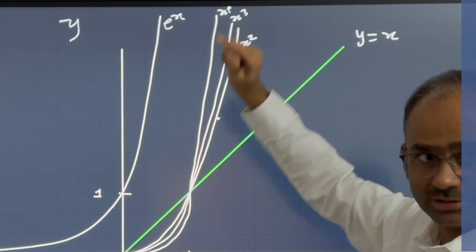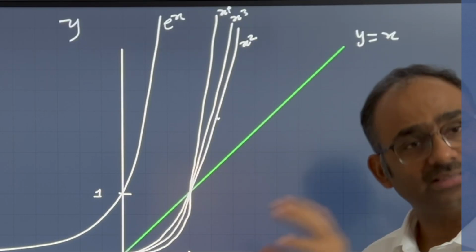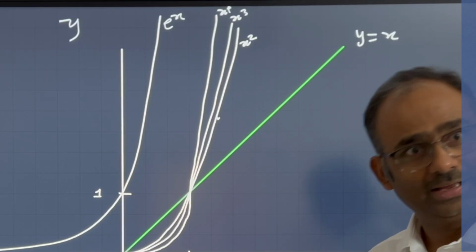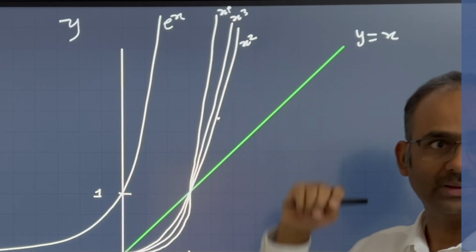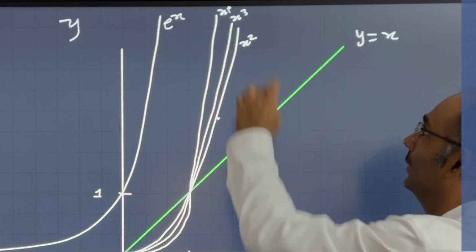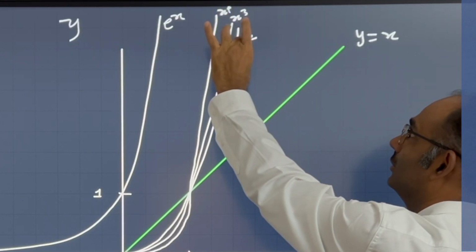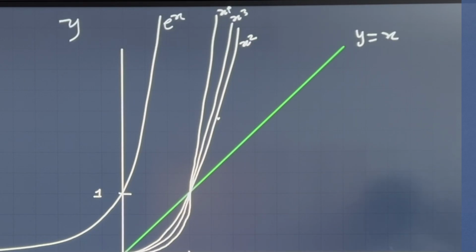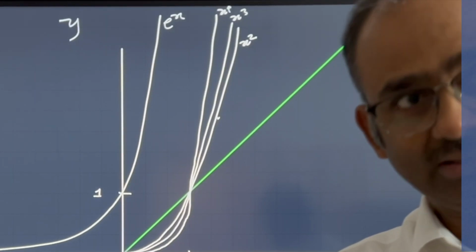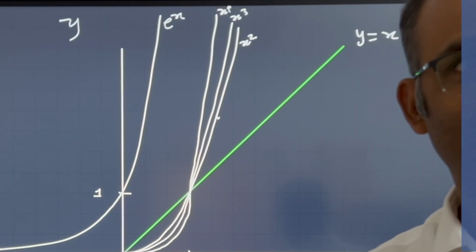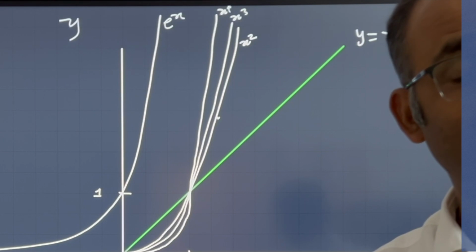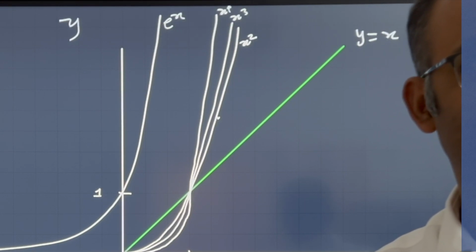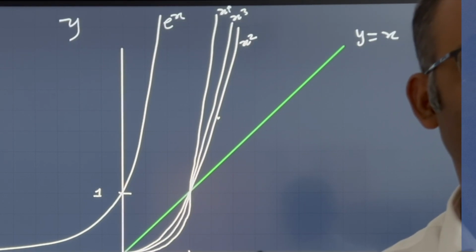If instead of x cube, you had x cube plus x square, even then e to the x wins. Right? Because x cube plus a little bit of this one will take you here, but that guy is there. So e to the x grows faster than any other polynomial, not just these three.